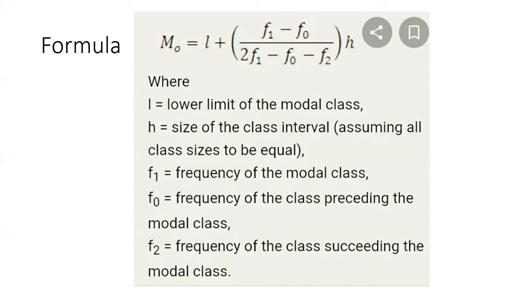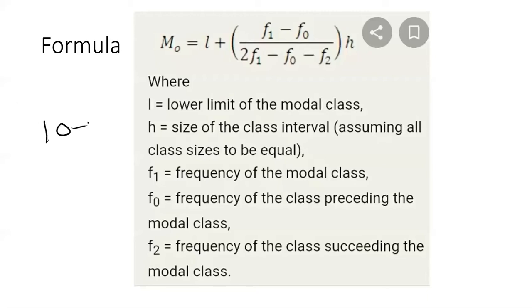Then F1 is the frequency of the modal class. F0 is the frequency of the class preceding the modal class. F0 means what? It is 0, and 0 comes before 1, so it represents the frequency of the preceding class. F1 will be the frequency of the modal class, and F2 will be the frequency of the class succeeding the modal class.